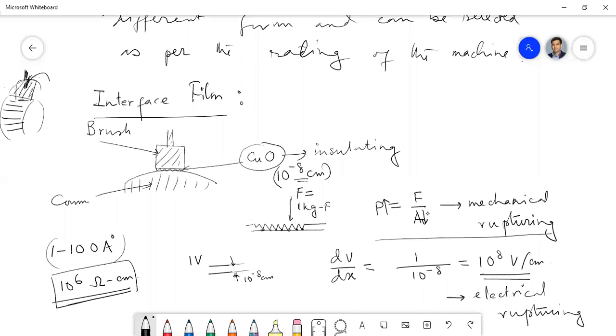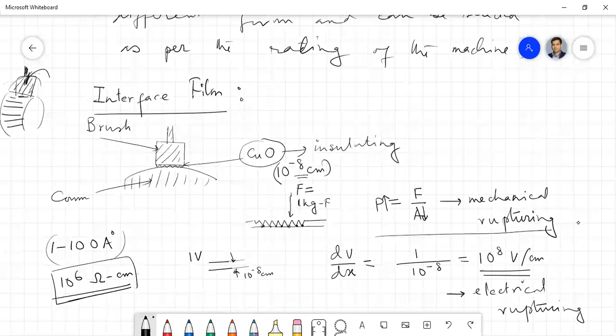First reason is the mechanical rupturing: because of the very small effective contact area between the carbon brush and the smooth commutator surface, the pressure becomes very high. As the pressure becomes very high, we have mechanical rupturing of this insulating layer.